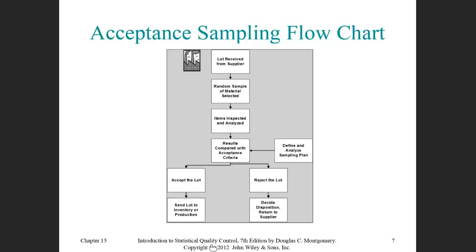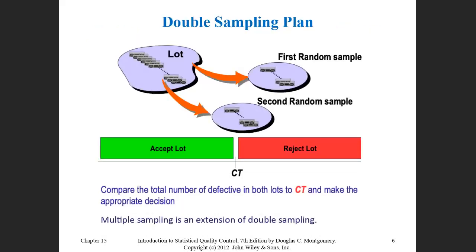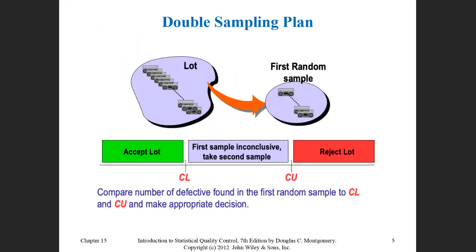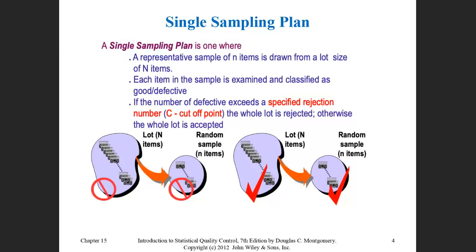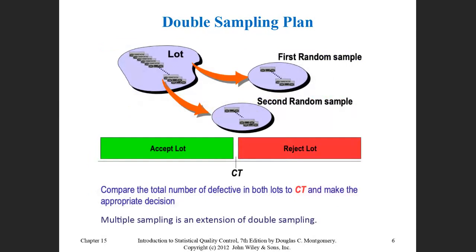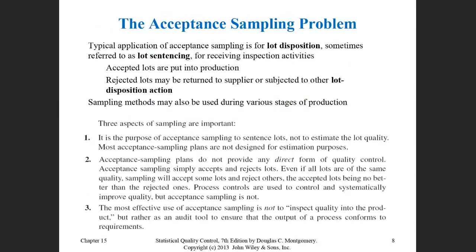What are the basic steps for accepting? What are the methods or the plans for doing sampling? What does the cutoff point mean? What does it mean to accept or reject, and when do we accept and reject in the single plan, double plan, and multiple plan, as well as those definitions of the terminologies.